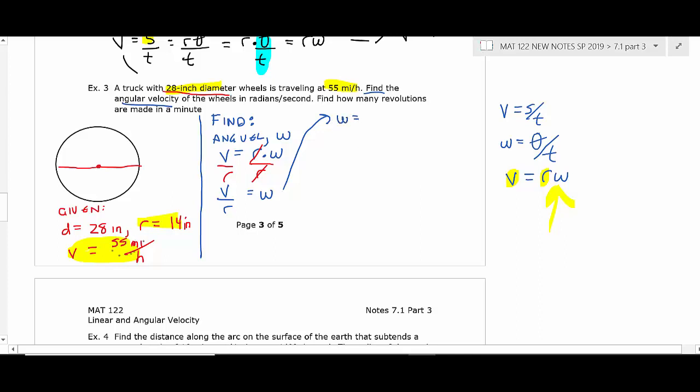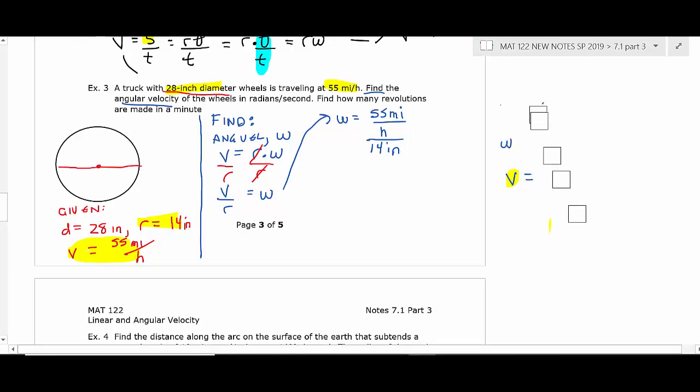The linear velocity is 55 miles per hour, and the radius is 14 inches.